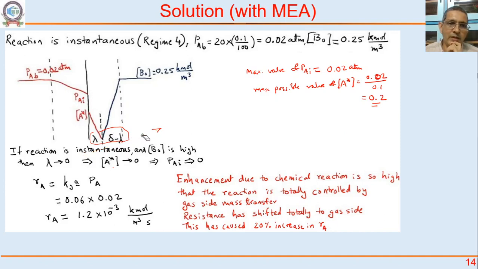If I am saying that there is mass transfer resistance, this is the maximum possible value. But PAi is less than 0.02. Correspondingly, A star is less than 0.2. How much less?